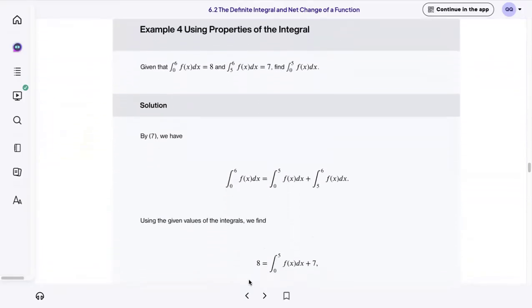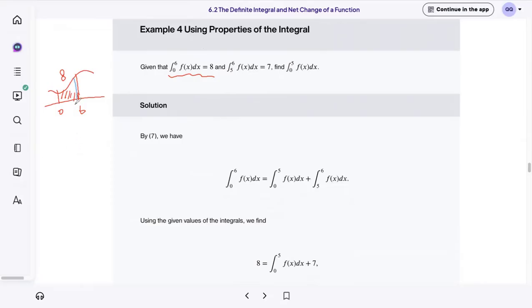Let's see this example. Given this one equals 8. If you want to picture it, we don't really know f, right? From 0 to 6, that's the area. So this area equals 8. From 5 to 6, let me use a different color.